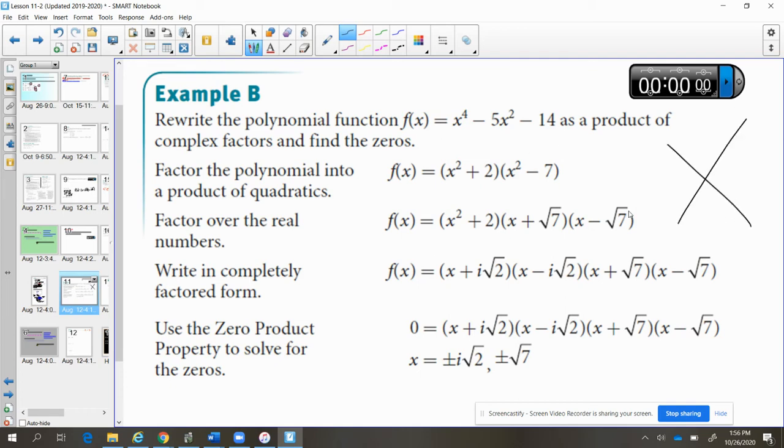So it's the x method factoring: what multiplies to be -14 and adds to be -5, and solve through there, setting each piece equal to 0. Again, when we talk about writing it in completely factored form, we're taking all 4 zeros here and writing them as individual factors and not leaving it as one simplified factor as we kind of were with the 11.1 stuff. And then again, identifying all of the zeros here, real and complex.